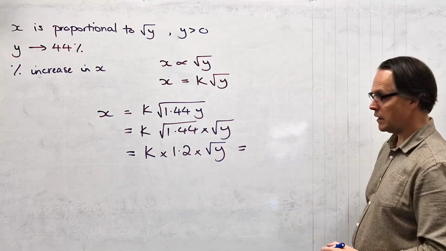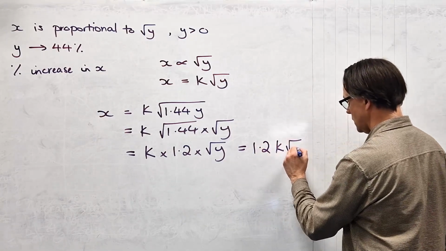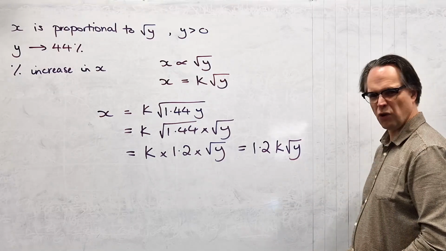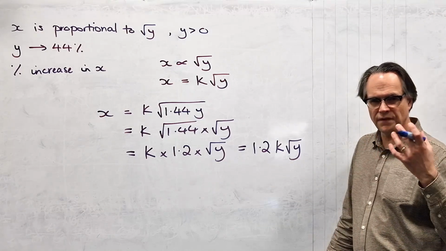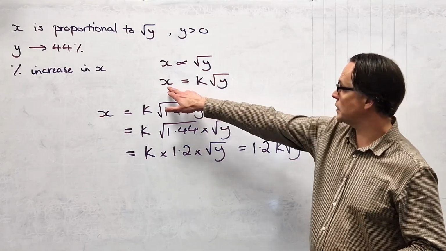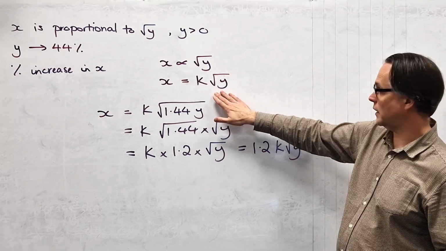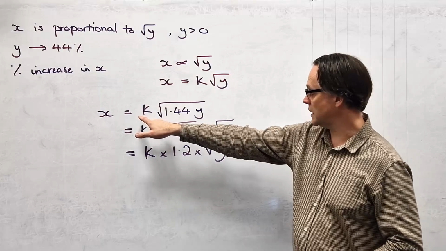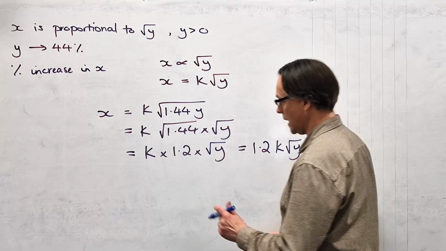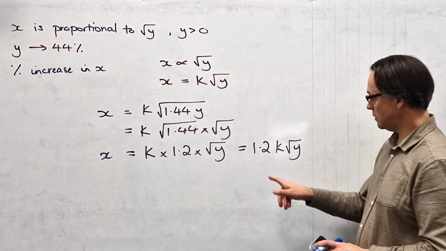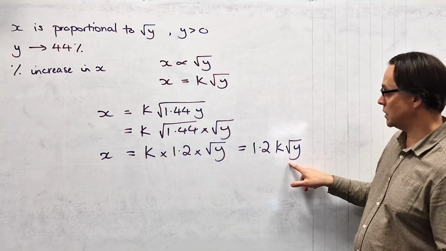And if I slightly rearrange that, that's 1.2 times k times the square root of y. So we're almost done at this stage. The tricky thing about this is just following what's actually going on. So what we're saying is x equals k times the square root of y, but if we increase y by 44%, we end up here with x being equal to 1.2 times what it was originally.